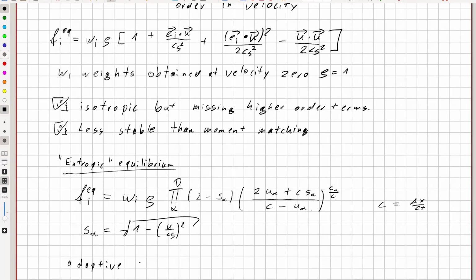So it has an adaptive speed of sound, meaning, if the velocity gets larger, the speed of sound gets lower. And now you look at the CFL condition and you see it's U plus CS.